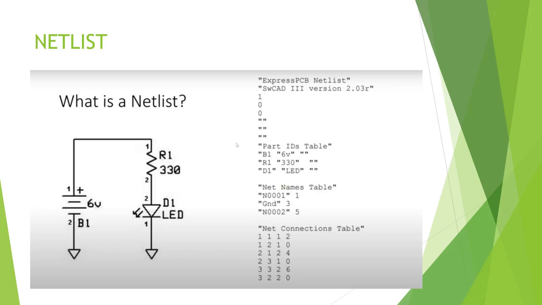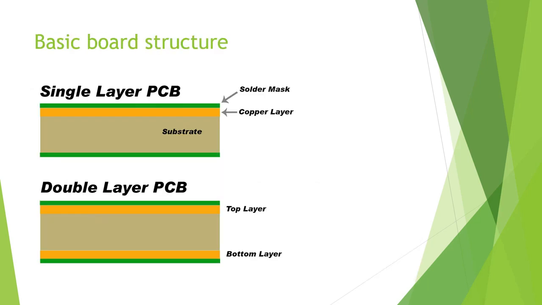Net 0001 is 1, ground is 3, and N002 is 5. There is the net naming table and the reference ID table, making an ASCII version of the exact replication of the schematic. It's called the netlist.